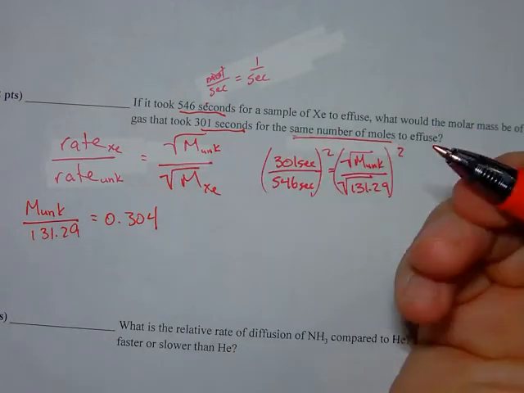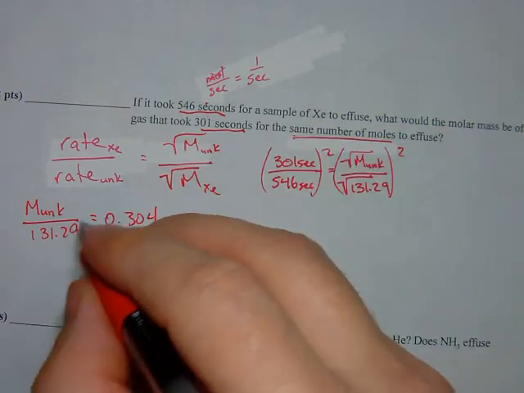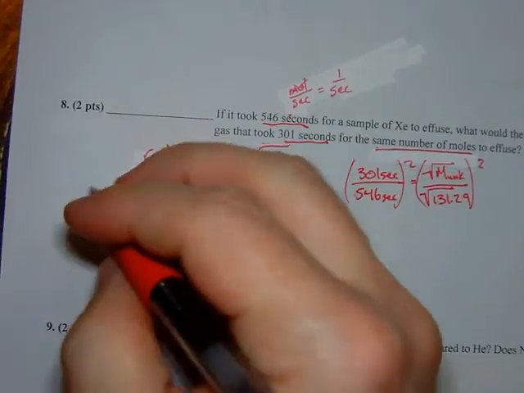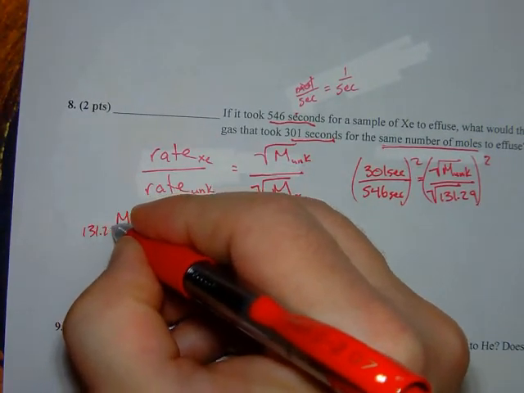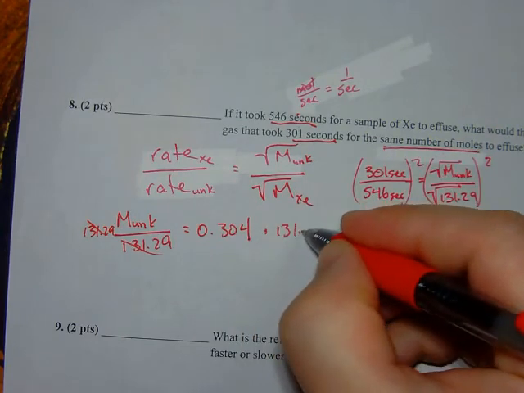This is what I'm solving for. So I need to get 131.29 out of there, so multiply both sides by that.